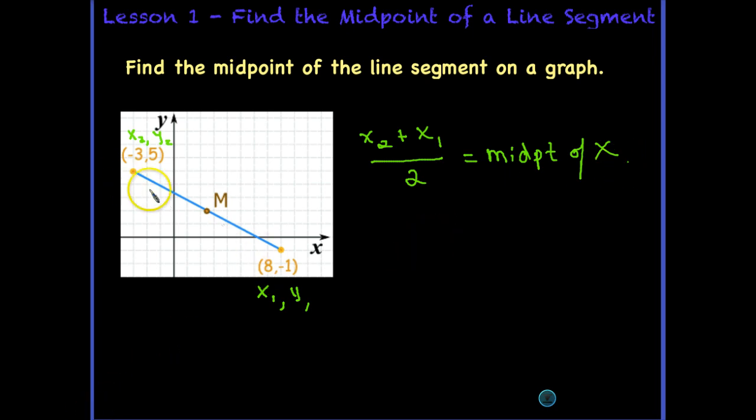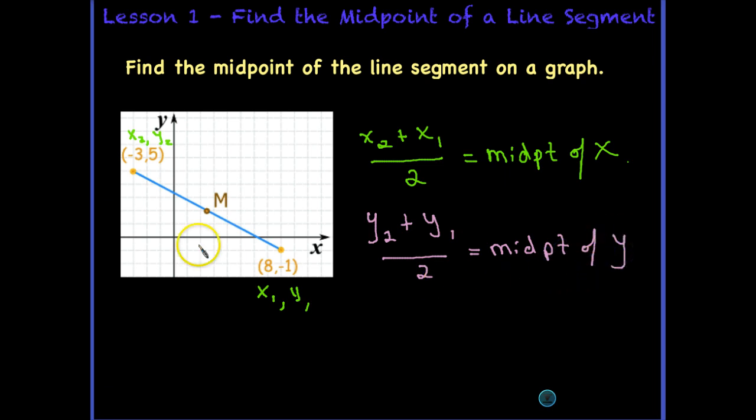If we can find the midpoint of our x coordinate, we can surely find the midpoint of our y coordinate by doing the same thing. So we could take y2 plus y1 divided by 2, and that would give us the midpoint of our y coordinate. And then we will know the exact location of this midpoint. Let's go ahead and do that.